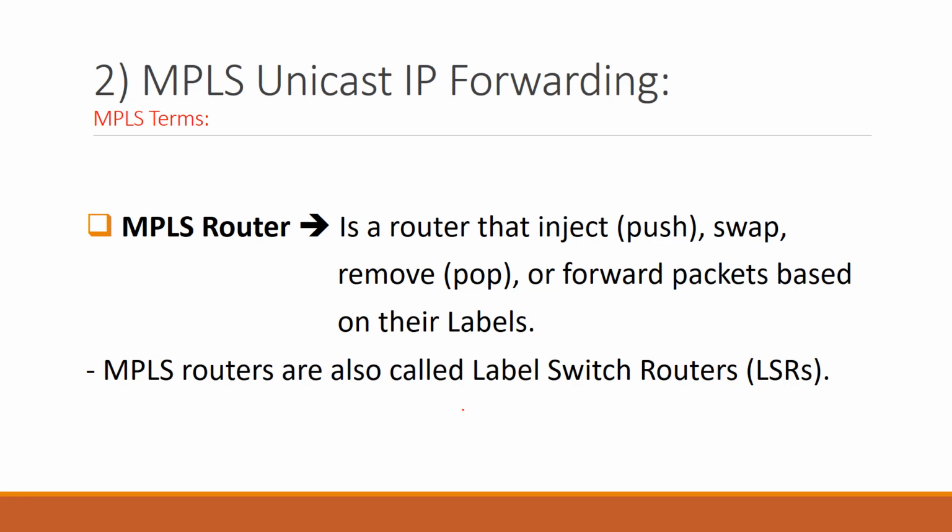So some terms are used by MPLS, and we will start by defining the MPLS router. What is an MPLS router? Actually, it is a router that injects or inserts, sometimes we call it push, a label, swaps labels, removes or pops a label, or forwards packets based on their labels.